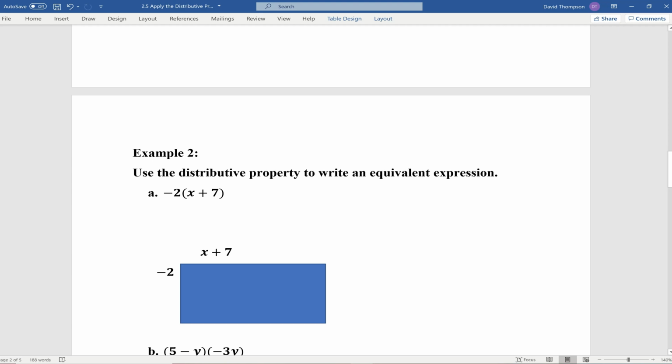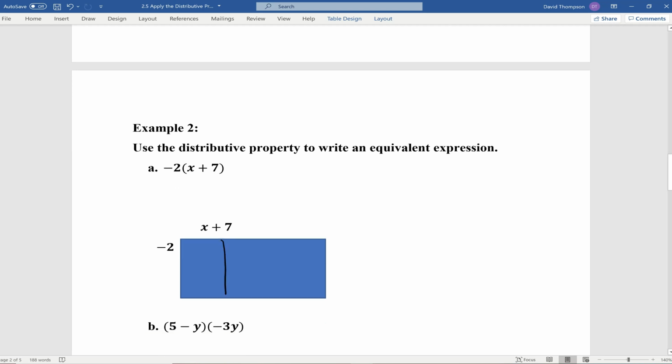Example 2. Use the distributive property to write an equivalent expression. We can divide this into a rectangle. We'll look at it as a rectangular method and using the traditional distributive property. Negative 2 times x would be negative 2x, and negative 2 times 7 would be negative 14.